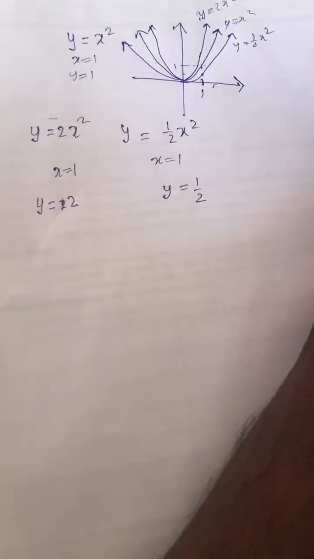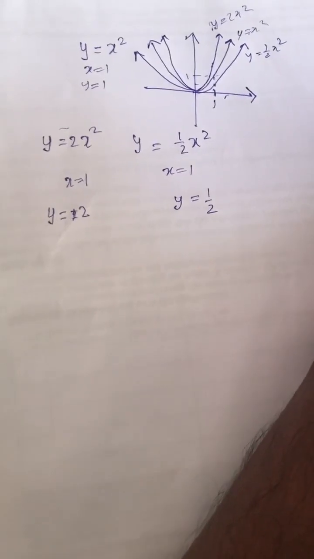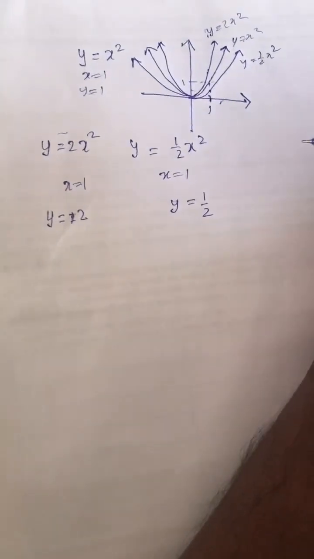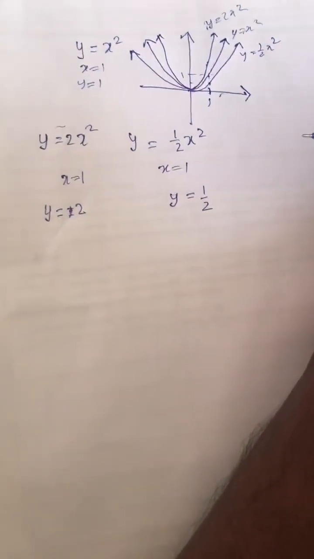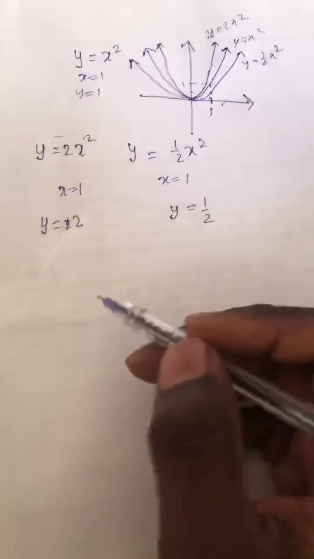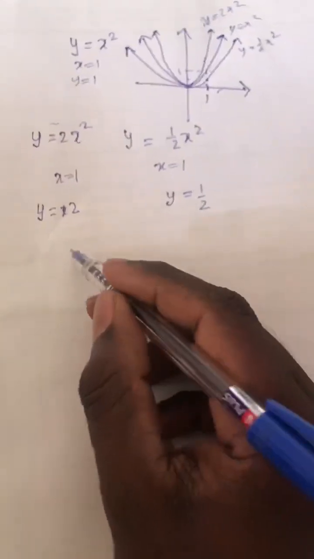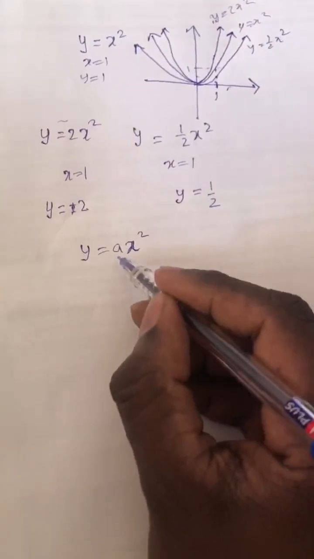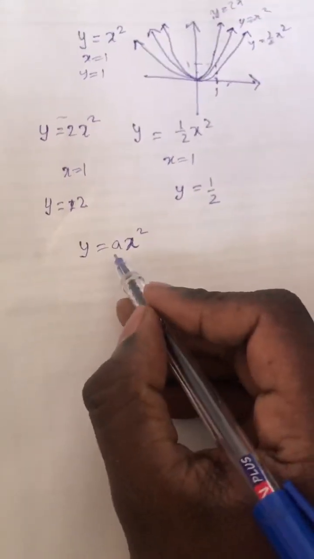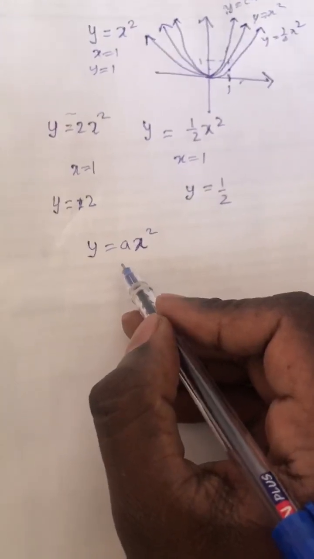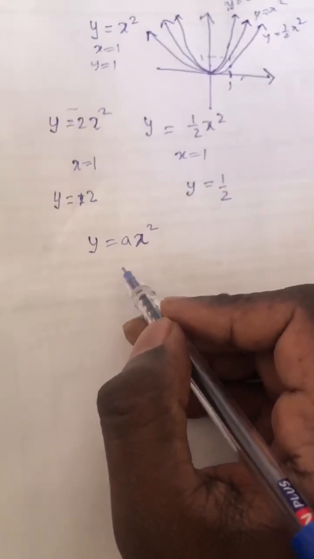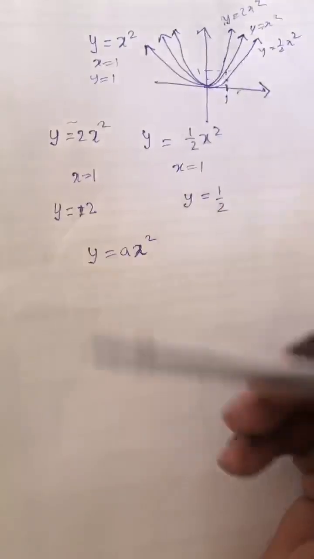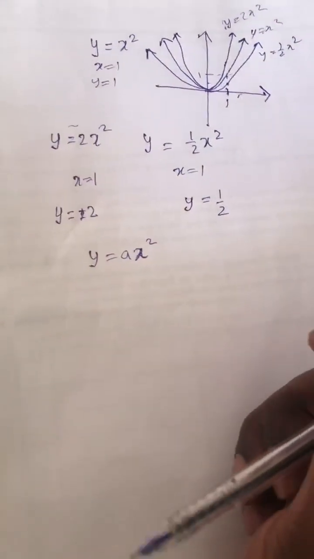So now you see the differences between those. In other words, whatever value we input for the a in y equals ax squared, we can get this type of equation.